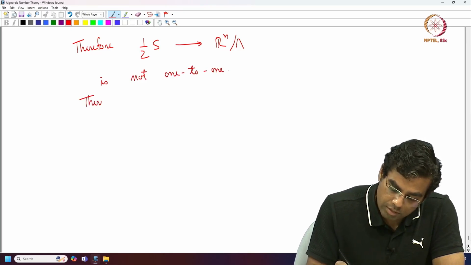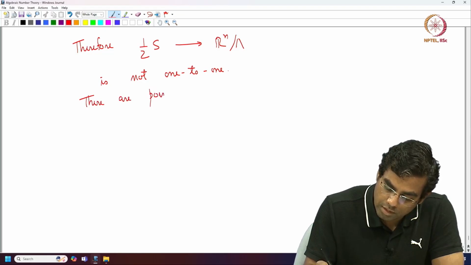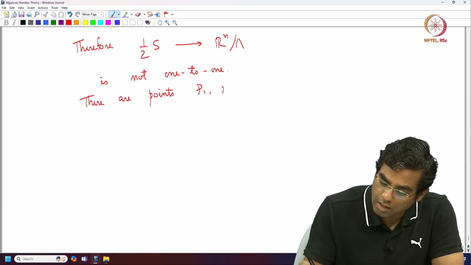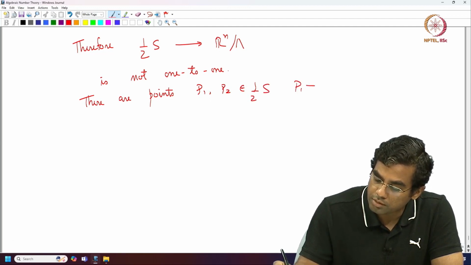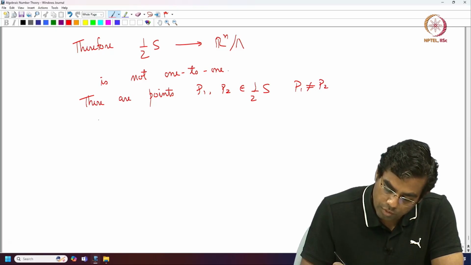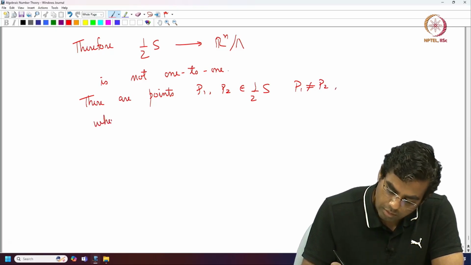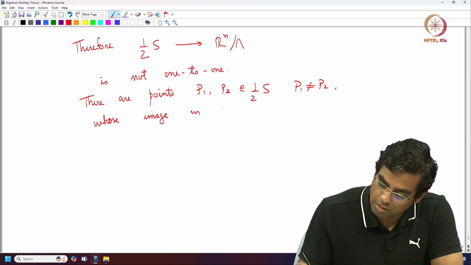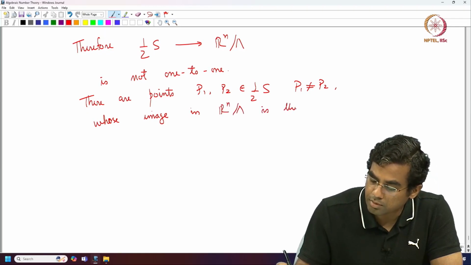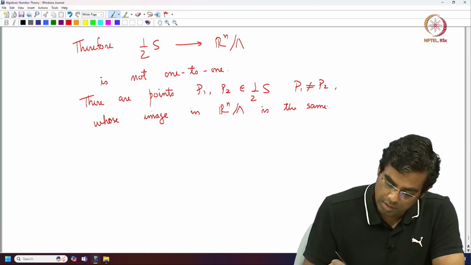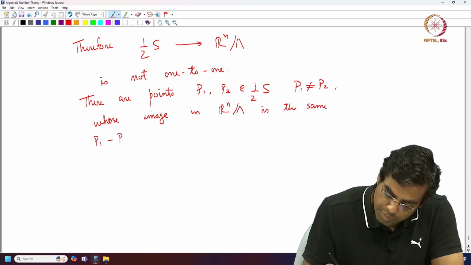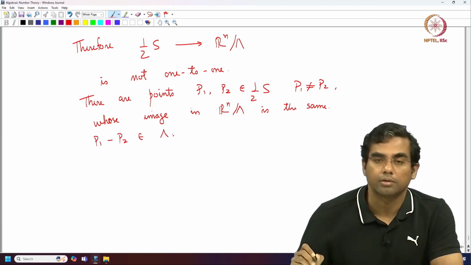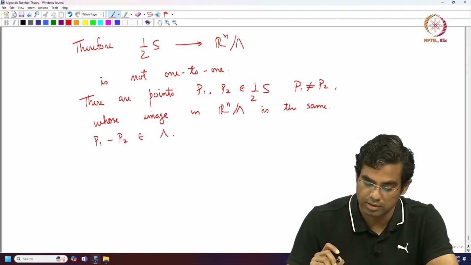So, there are points P1 and P2 in half S, P1 not equal to P2, whose image in R to the n mod lambda is the same, which means that P1 minus P2 is actually in lambda. So, this is what it means.